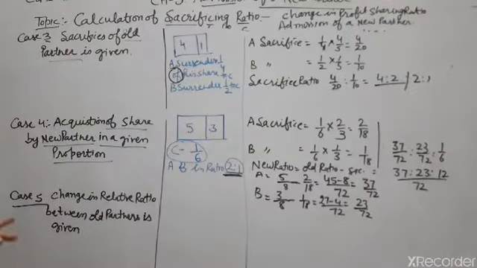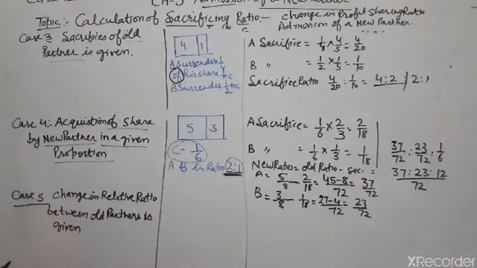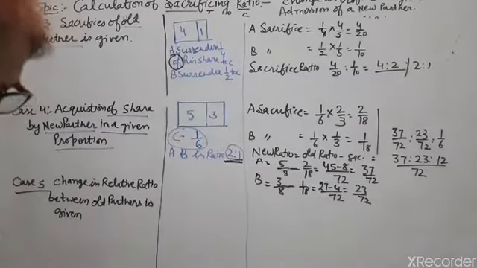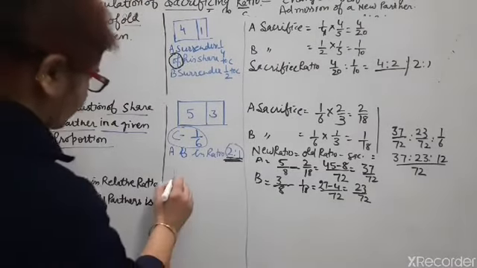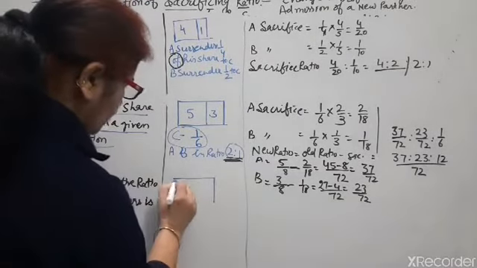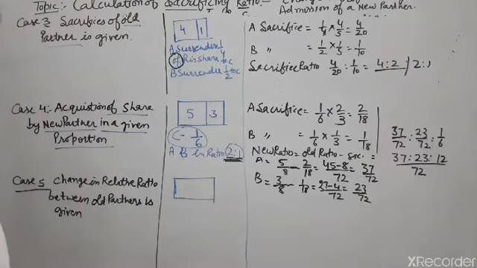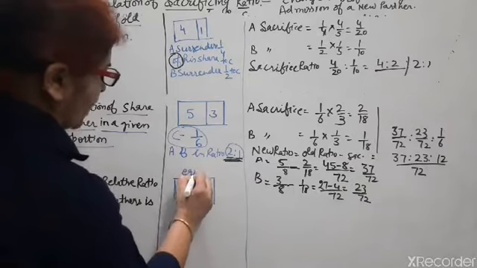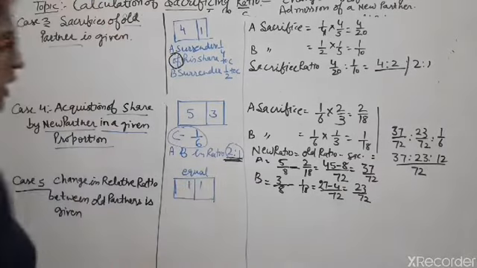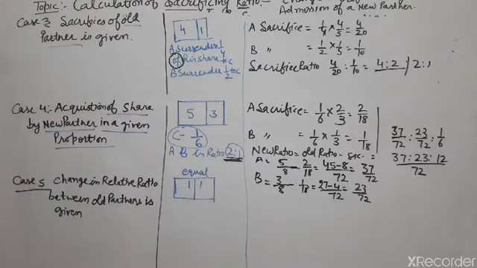Now the last case, when a change in the relative ratio between the old partners is given. If A and B are partners and they admit C, in this case A and B are equal partners. Whenever no ratio is given, they share the profit equally.